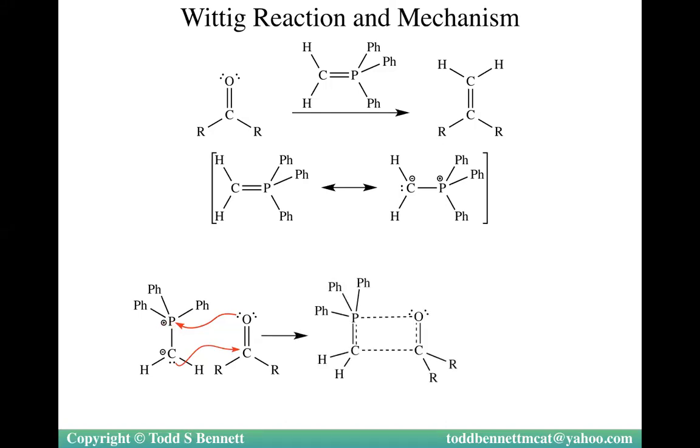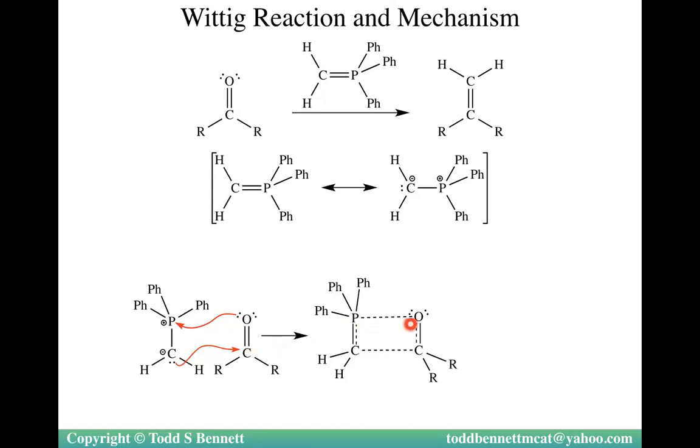Now I've drawn it with dashed lines to indicate that this is partially formed. This is partially formed pi bond. This is partially formed sigma, partially formed pi. And it lines up this way. This is essential because this leads to the stereochemistry, or if you will, the geometry of the intermediate leads to the geometry of the product.